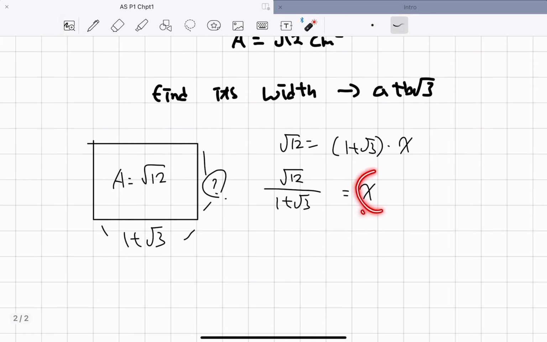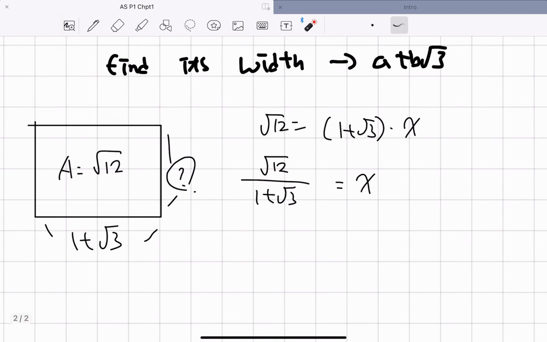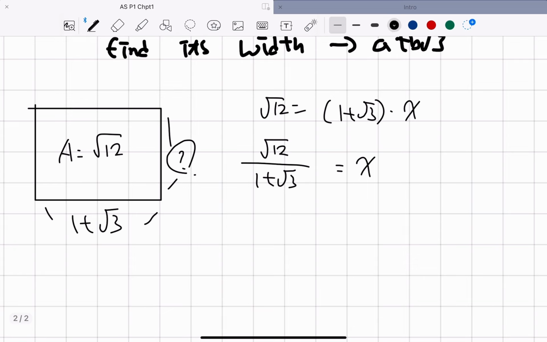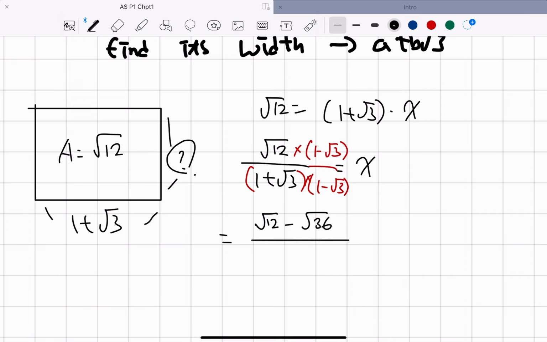To get x, we should rationalize this left hand side. So we need to multiply 1 minus square root of 3 on the numerator and also the denominator. Then it's simple. The numerator is square root of 12 minus square root of 36, because it's 12 times 3, right? And the denominator is just 1 minus 3.